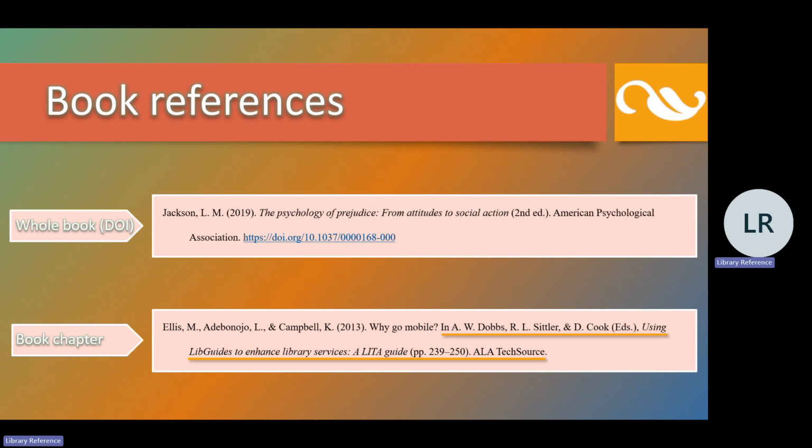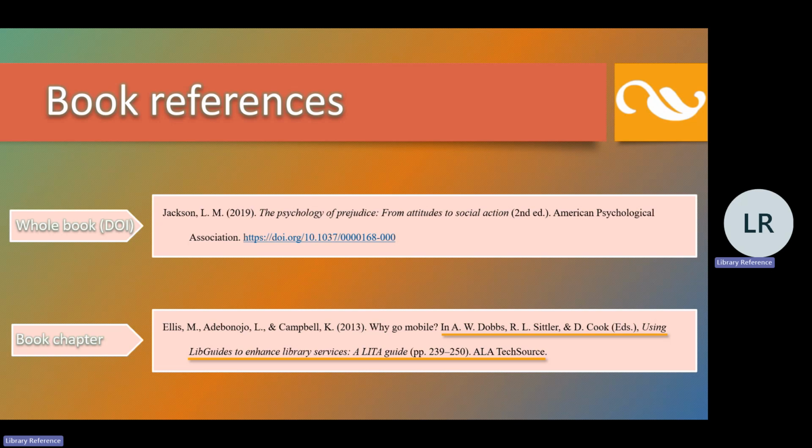So let's take its sub-elements one by one to see what is included in the location element of a chapter. We start with the preposition in. The preposition is followed by the name or names of the editor or editors.